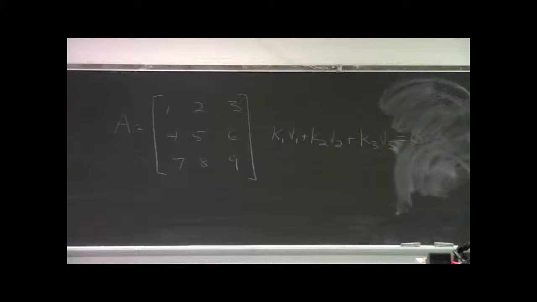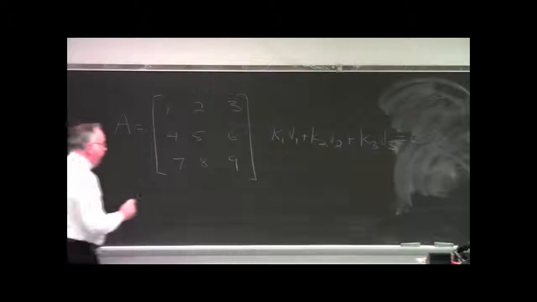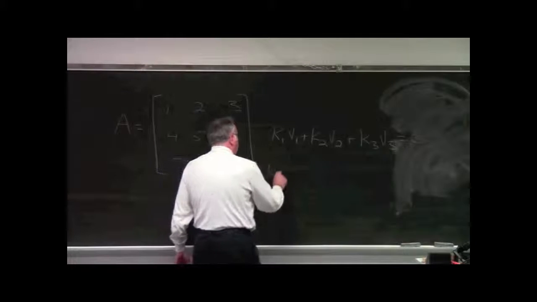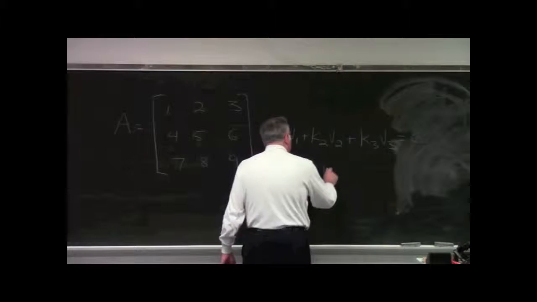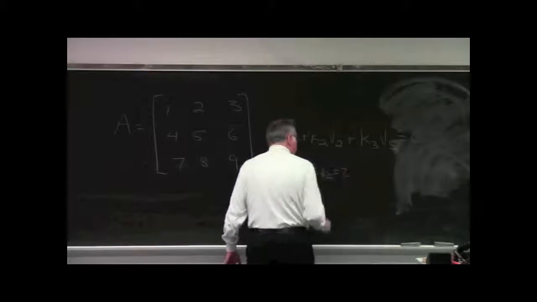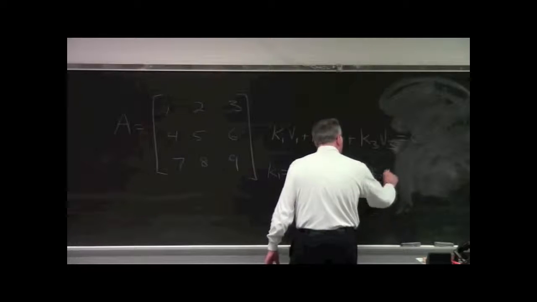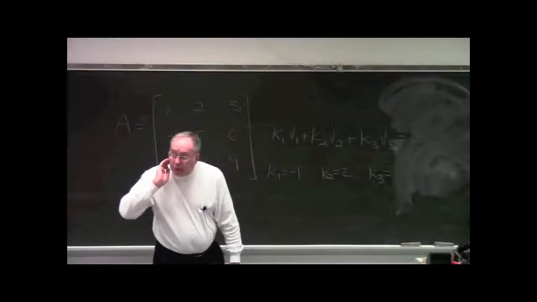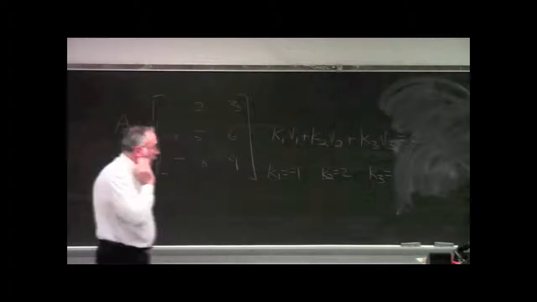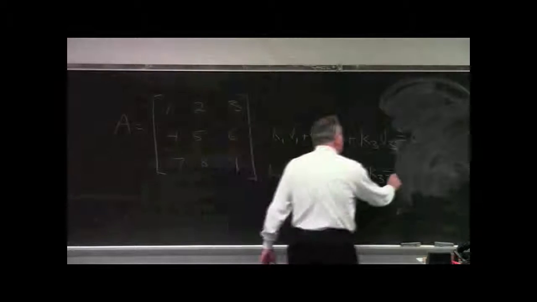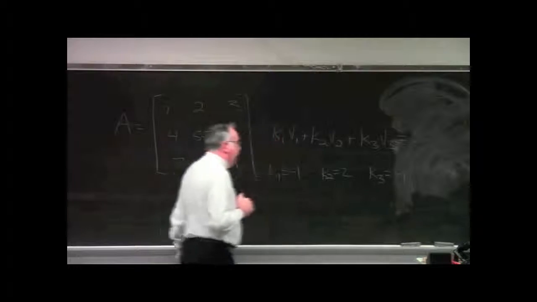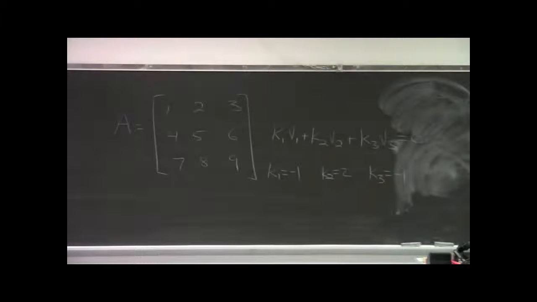Let's try K1 equal negative 1. K2 equals 2. K3 equals what? 1? Is it 1? Negative 1. Okay. And that'll work because if you take 2 times V2, notice you get 4.